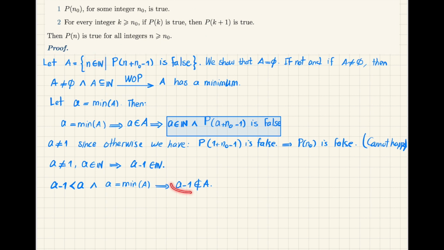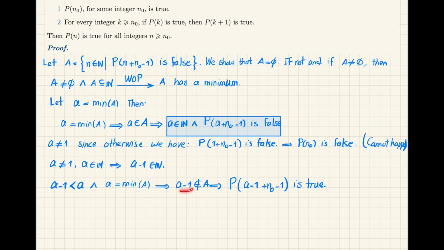So a minus 1 has to violate this part, otherwise a minus 1 would be a member of my set. So this means that if I replace this n with a minus 1, this will be violated. But violating this false statement means that it will be true. So this means that p of a minus 1 plus n node minus 1 is true. Yes?